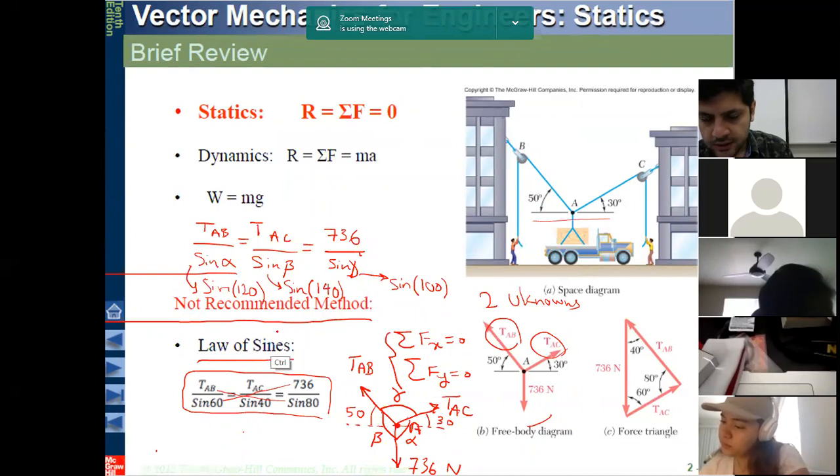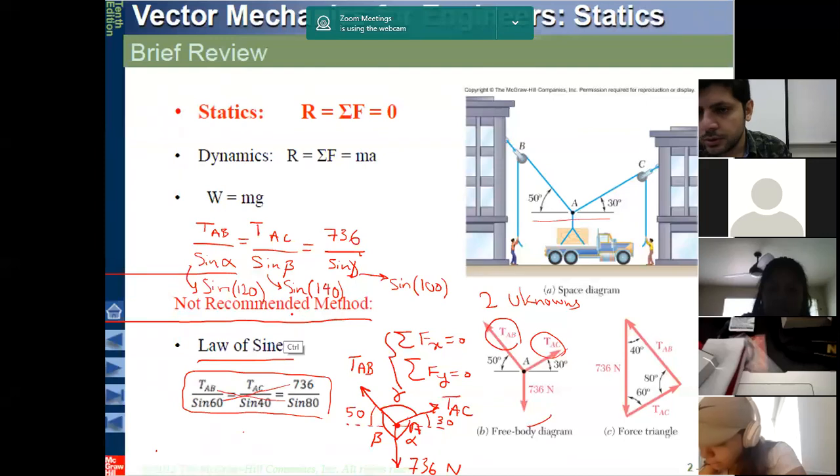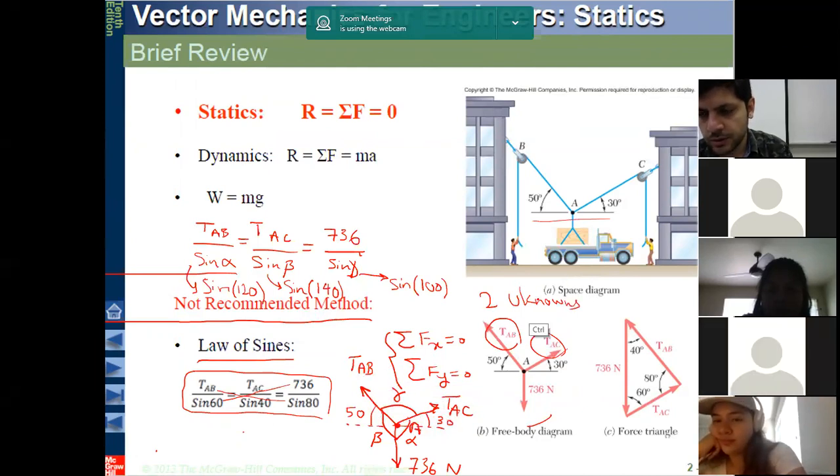And second is the possibility of errors, because in most problems you might not have angles like you have here, and if you want to calculate the angles alpha, beta, gamma for these three forces, you might get some wrong numbers. Fundamentally there's no problem with it, but we're going to see how we usually solve these kinds of problems.